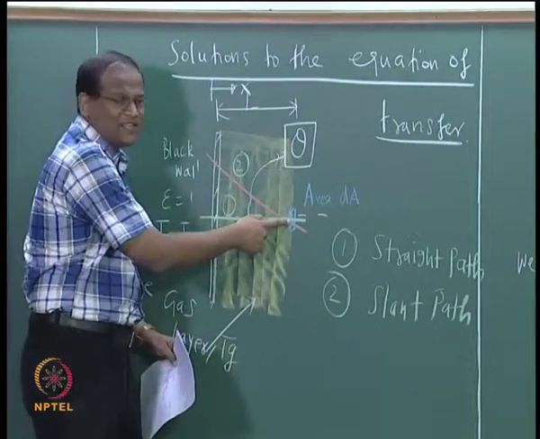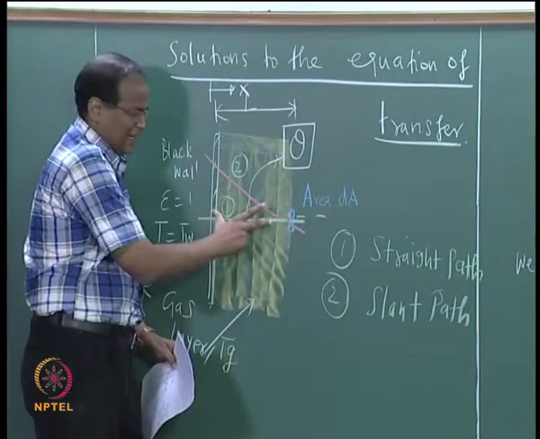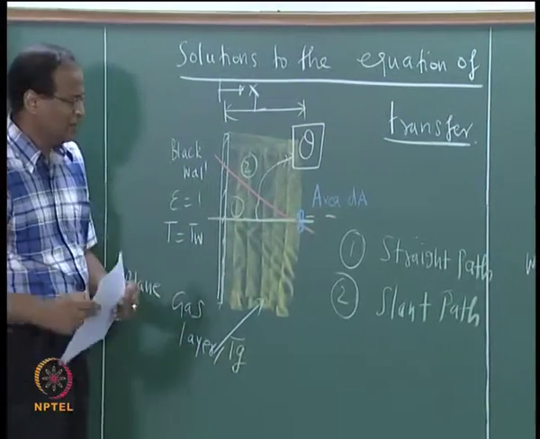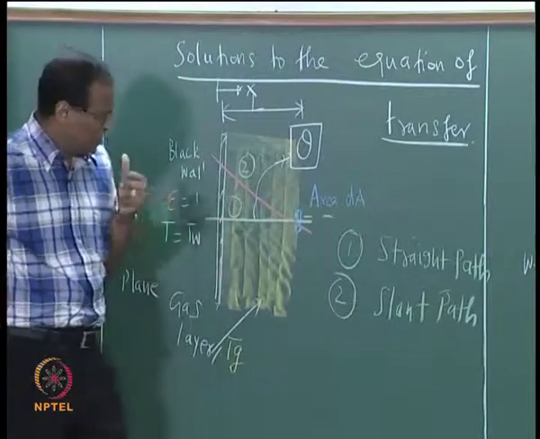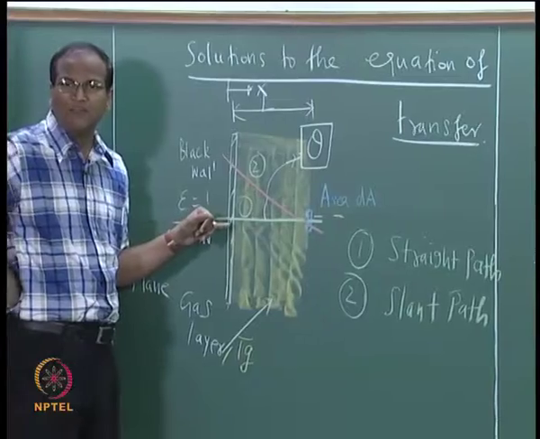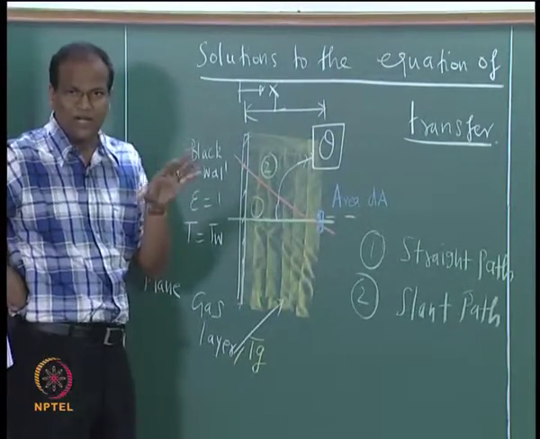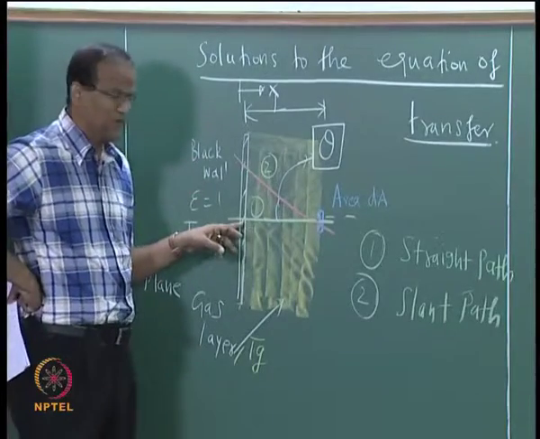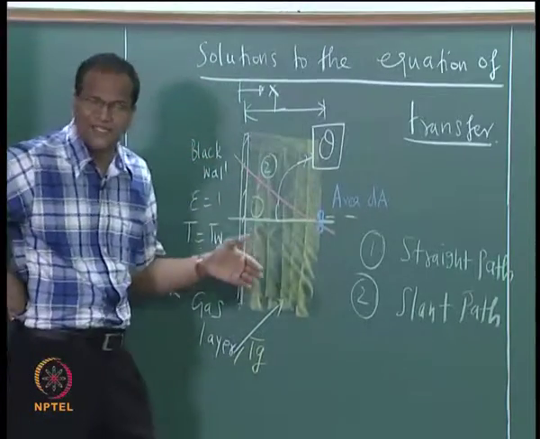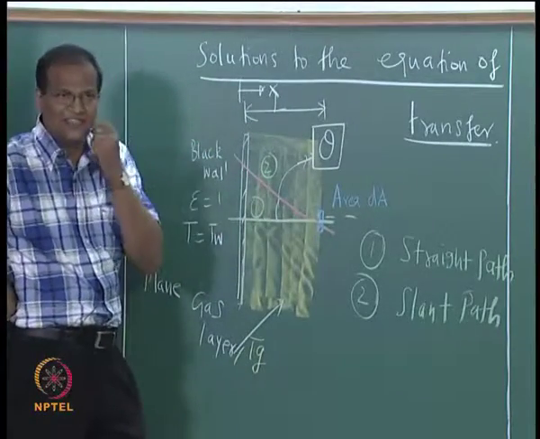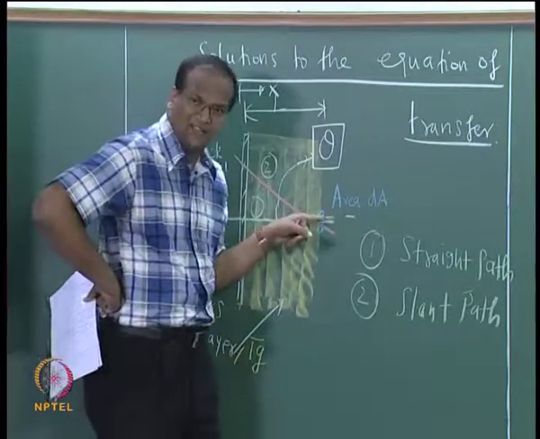at the radiation arriving at an element dA, which is located at a distance L, the gas layer thickness is L, okay. Therefore the radiation arriving at A consists of two components. One is the radiation from the wall, which is sigma Tw to the power of 4 by pi, that is the I. Q will be sigma Tw to the power of 4, I will be sigma Tw to the power of 4 by pi, which is going through the gas, gets attenuated, that means its strength is reduced because the gas is absorbing or participating in the radiation and it is arriving here.